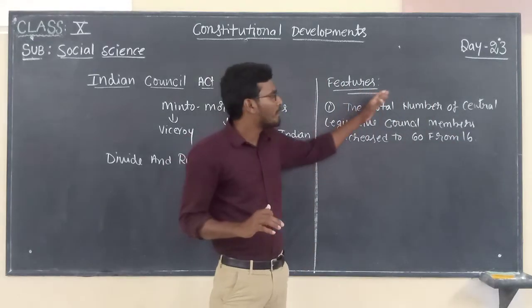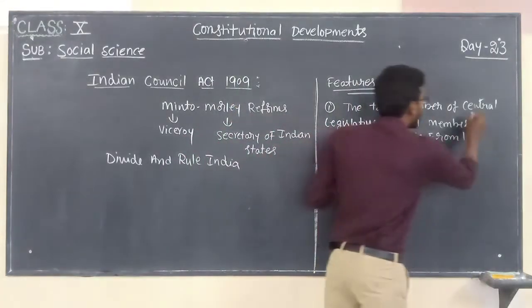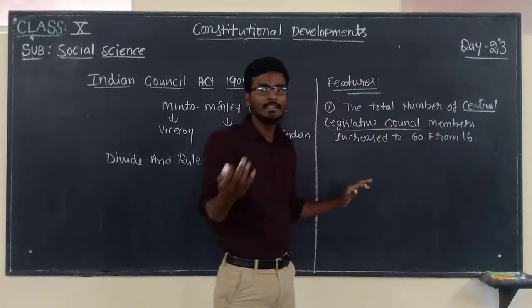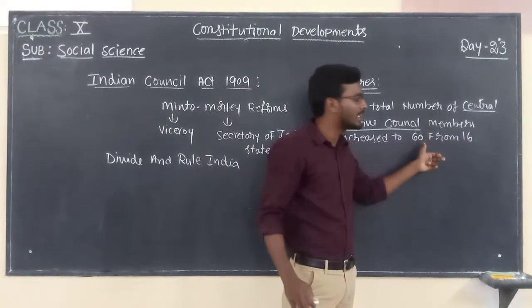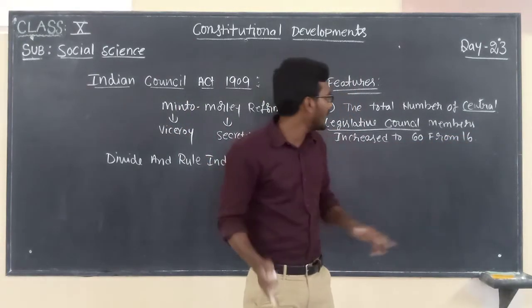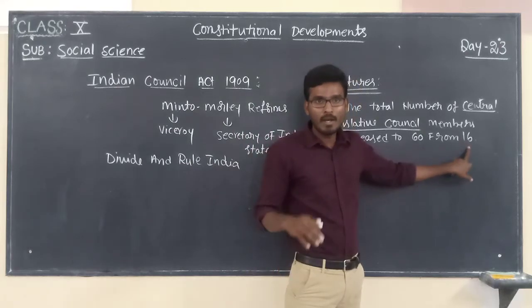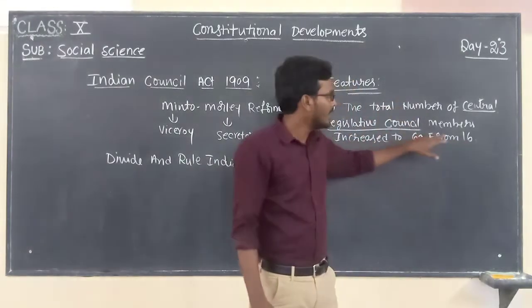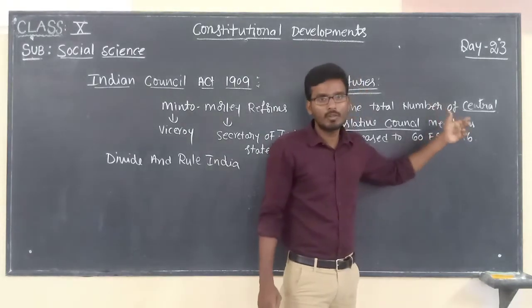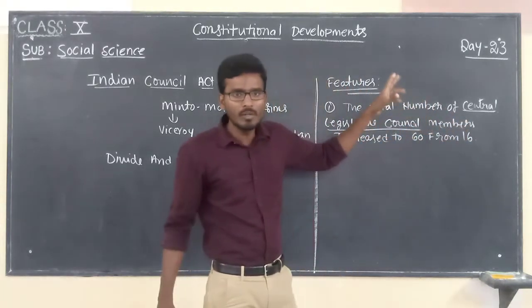Means the total number of seats in the central legislative council increased from 16 to 60. Before implementation of the Indian Council Act 1909, 16 seats were there. After implementing this act, the 16 increased to 60 members in the Central Legislative Council.